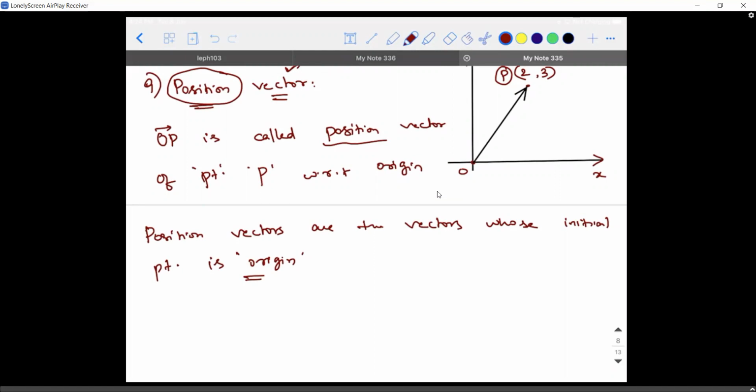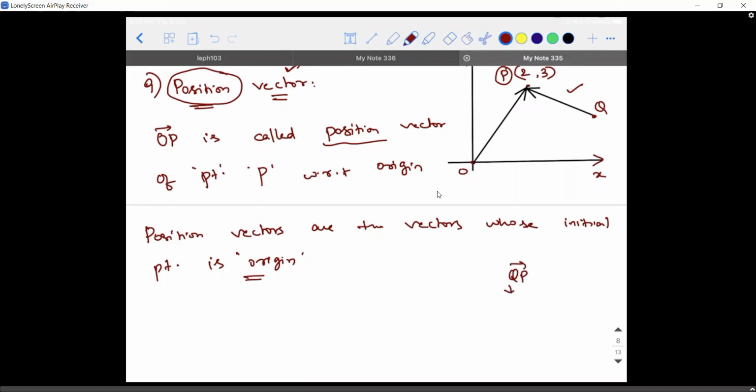See, for example, to the same point P, I can draw a vector like this also. Okay. Let me say this point is Q. Can I call QP vector a position vector? No, sir. No, because when you write it as QP vector, Q stands for the starting point.